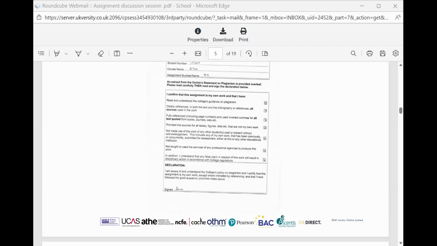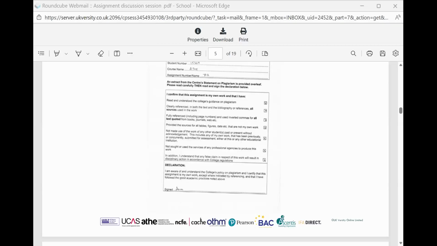This is part of the malpractice and maladministration procedure policy, which you will look at, and make sure you are identifying elements of this in your assignment so that you are not plagiarizing any work from anyone, and that the work you've submitted is your own work and nobody else's, okay? It's really important that you sign this declaration according to the requirements, okay?